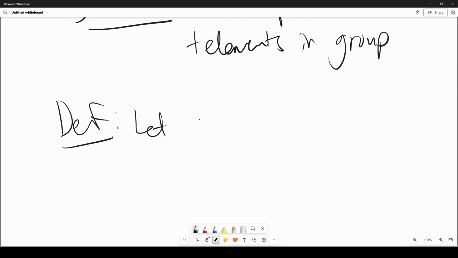So we're going to need two different groups because we're comparing them. Let G with dot G, so this is going to be referring to the multiplication law in G, and H with dot H be groups.